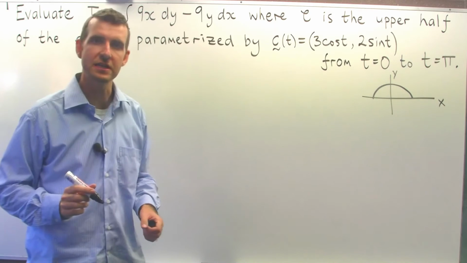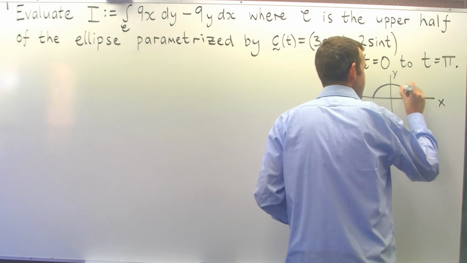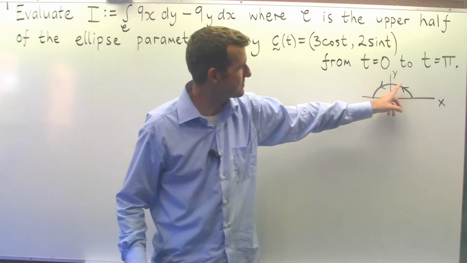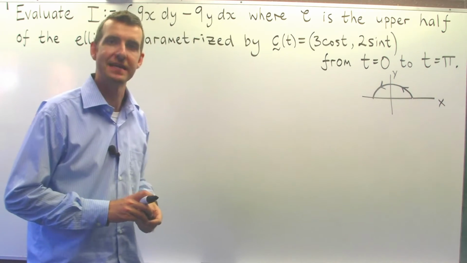Our curve curly C is this particular half of an ellipse.